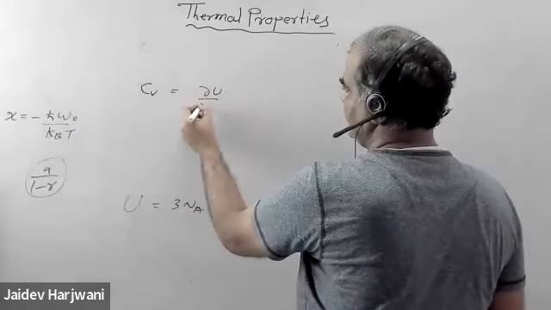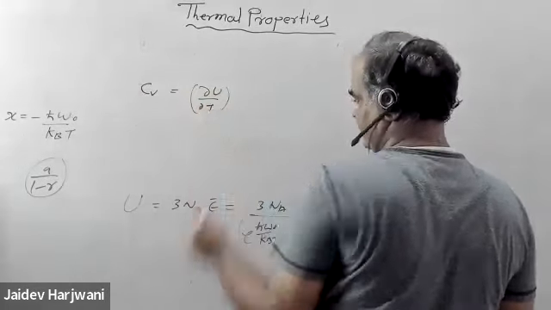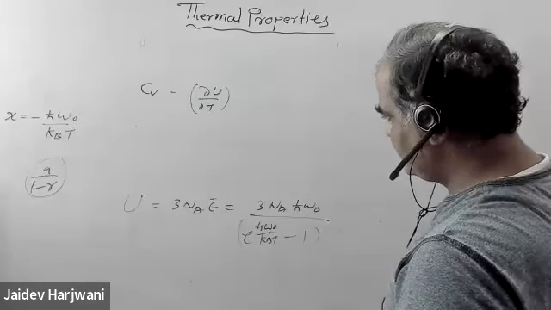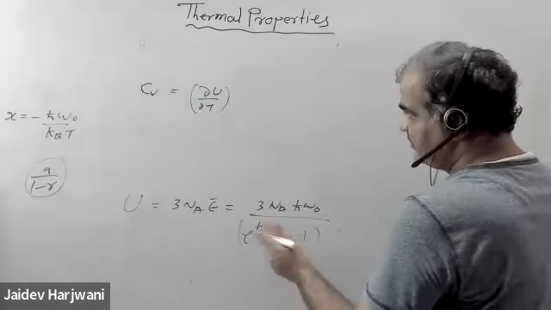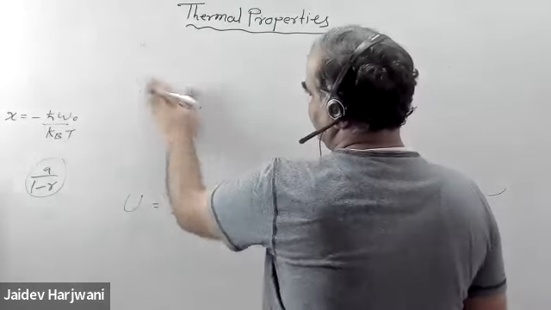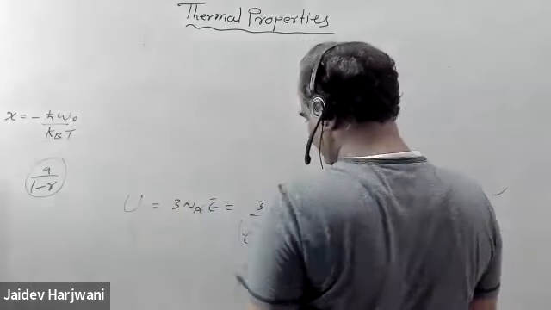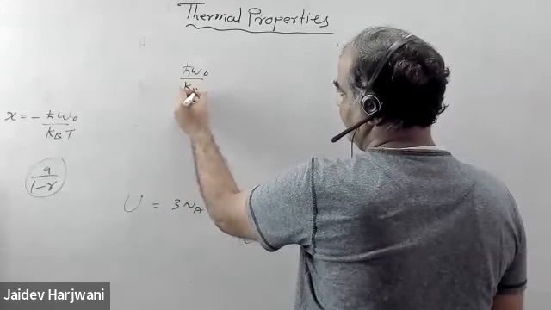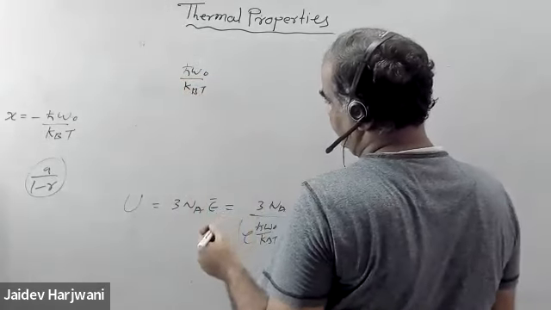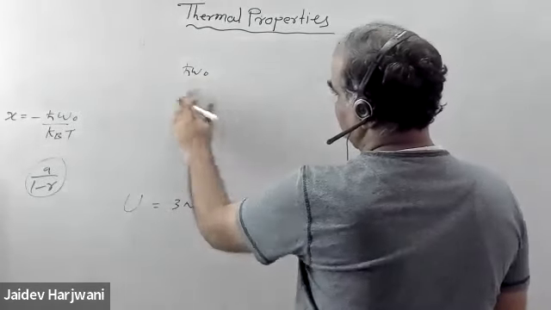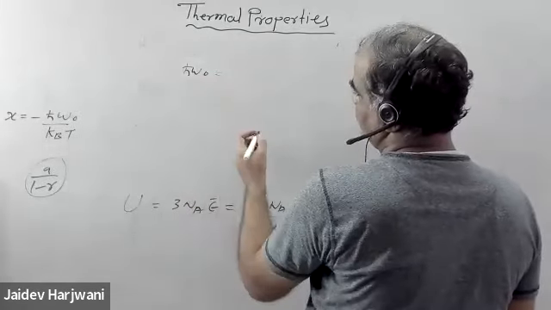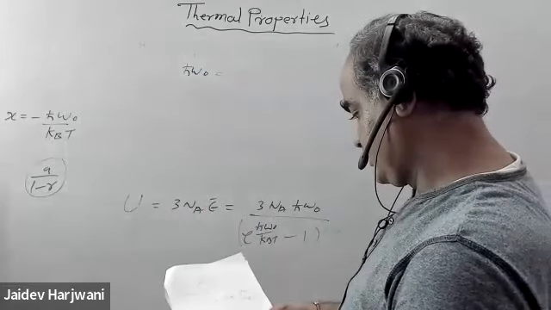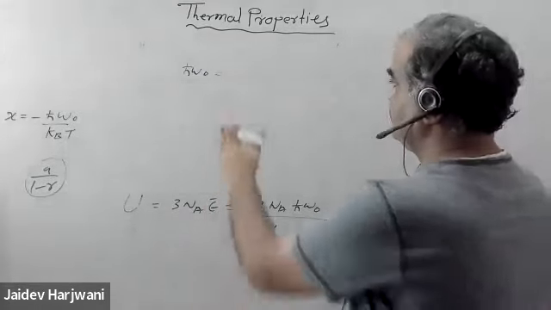Del U upon del T. Okay, so before I calculate this specific heat, let me define this h cut omega naught by kBT. Okay, h cut omega is equal to theta. Let me just check. Okay, so let me solve this one.